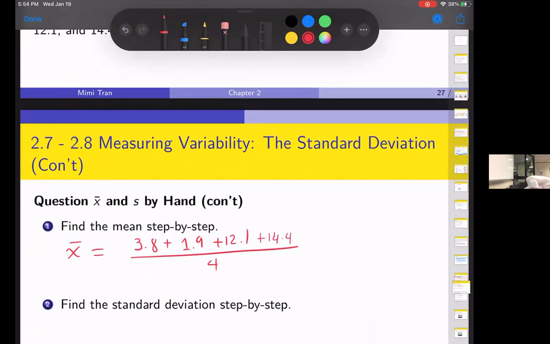Get my calculator. Do it with me, okay? So we can check together. Sometimes I make mistakes. I got 16.1. Do you guys have the same thing?